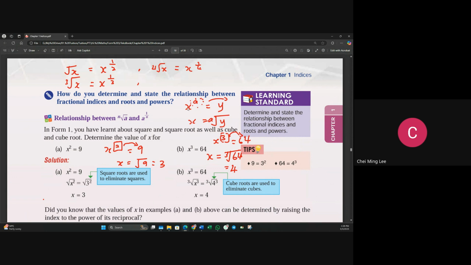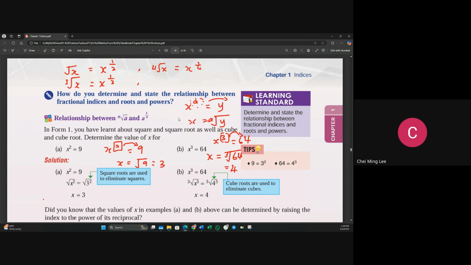If we move this a to the right hand side, it will become x equals the a-th root of y. For example, when x power of 3 equals 64, we move the power of 3 to the right hand side, it becomes cube root, x equals cube root of 64, which becomes 4.